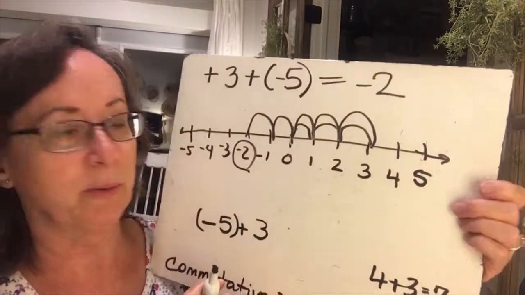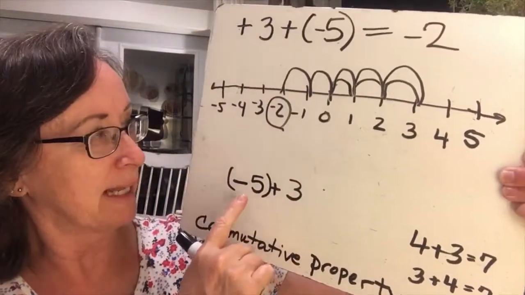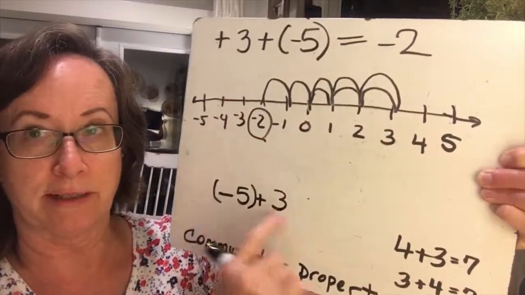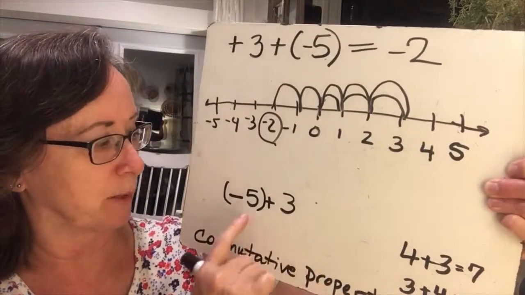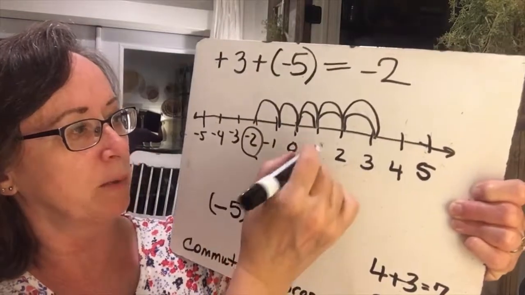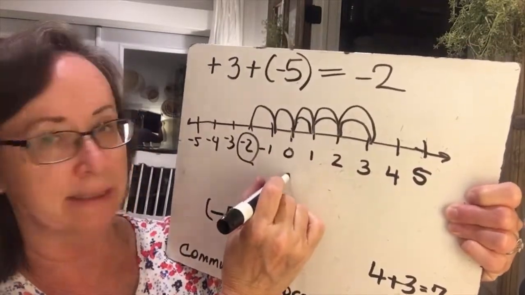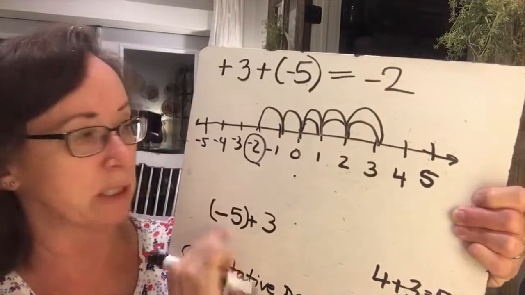So let's do that same problem in a different order. Let's put the negative 5 first and the positive 3 after it. So we're going to add a negative 5 plus a 3. So here we'll use the underneath of the number line here. So we're going to start at 0 again, and we're going to go backwards 5 steps.